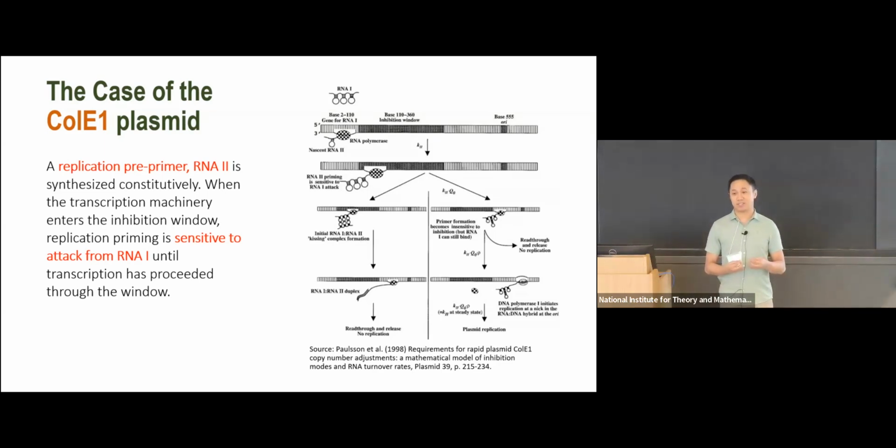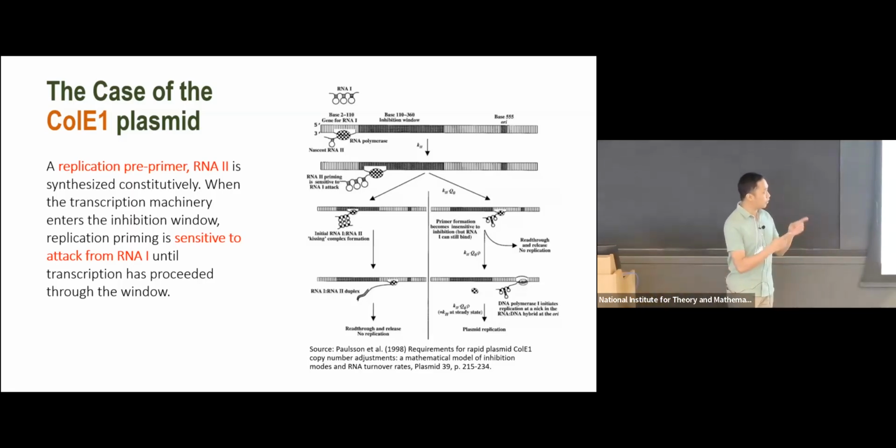If the kissing complex is stable and it goes through the entire process, then replication doesn't happen. If it doesn't get attacked in this inhibition window, which is base 110 to 10360, then replication happens. That's the case of ColE1.